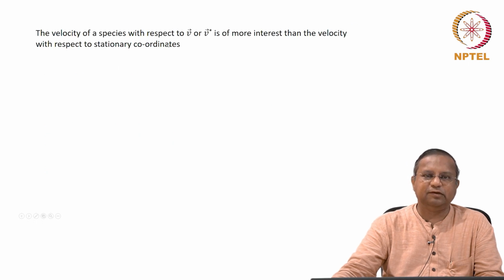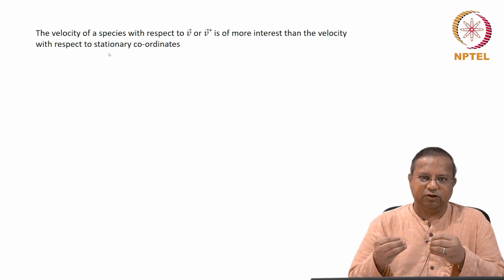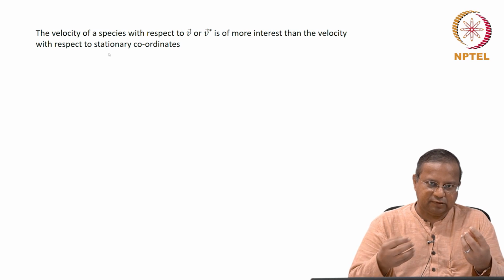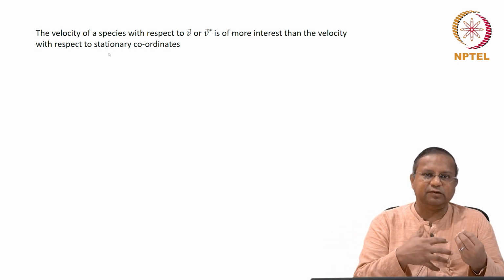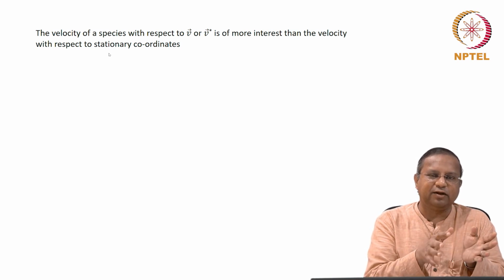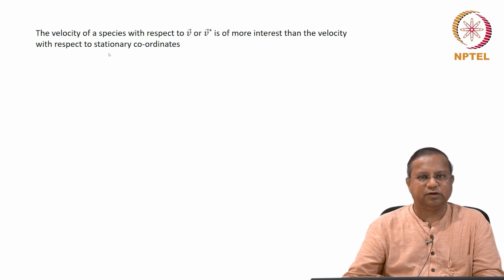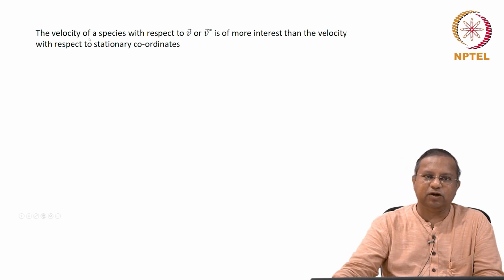The velocity of a species i with respect to V or V star is of more interest than the velocity with respect to stationary coordinates. If you are looking at a mixture, you'd like to know how one species is comparing with other species in terms of its movement, right? You're usually more interested in that than its motion with respect to a certain fixed set of coordinates.